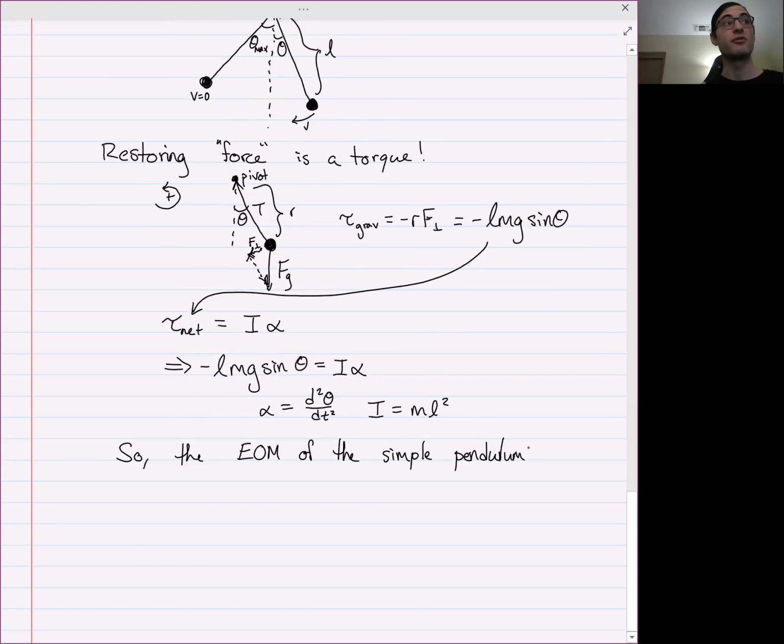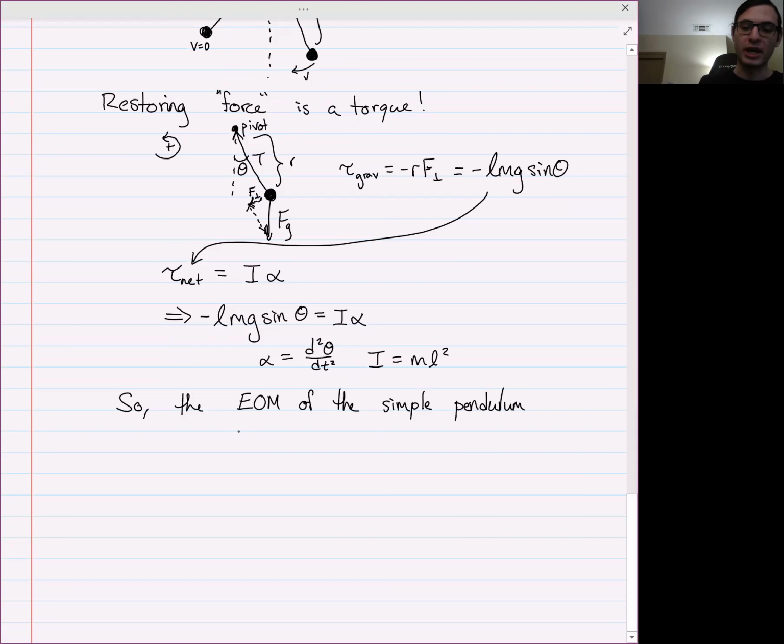Remember, theta here is a variable that changes with time. It tells us the angle of the pendulum over time. So the equation of motion that we get is d squared theta dt squared plus g divided by L times the sine of theta equals 0. That is the equation of motion.